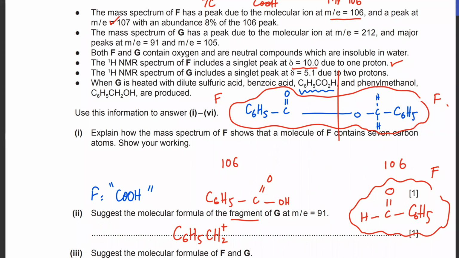So how do two F's react together to form this thing? One of the F's is converted into a carboxylic acid, so it turns into C6H5, C double bond O and OH.